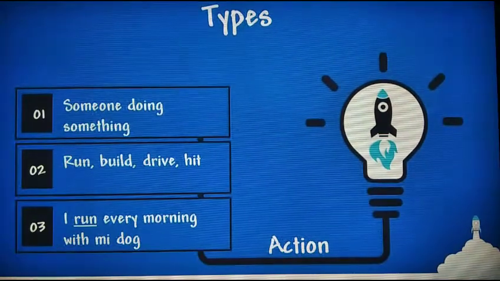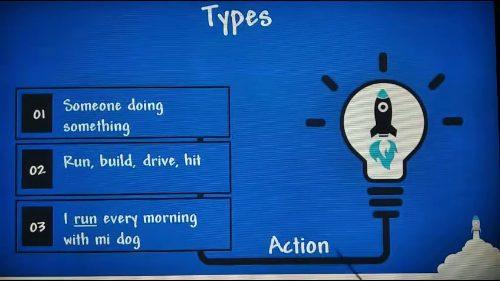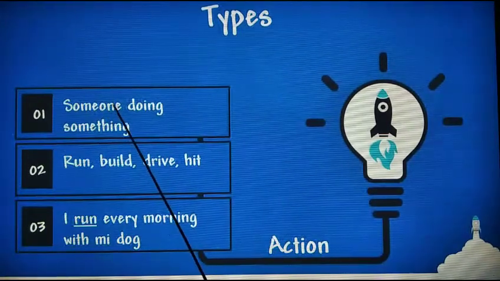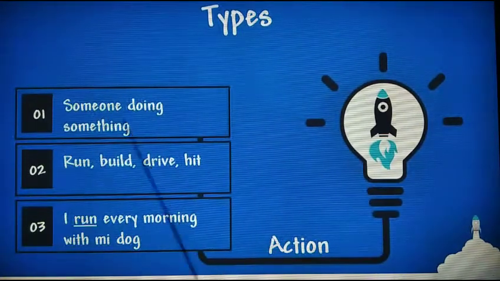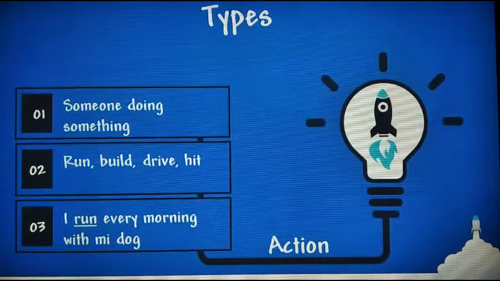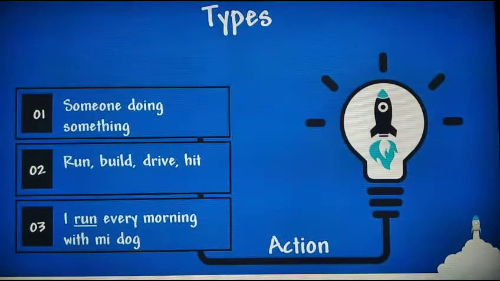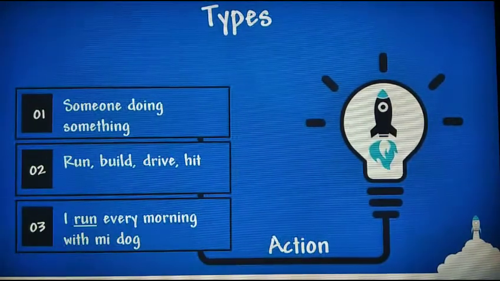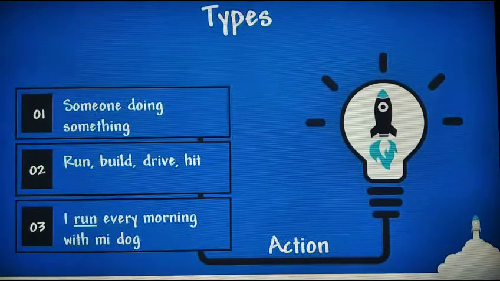We are going to begin with the action verbs, and they express basically that someone is doing something. These types of verbs require the presence of a subject that is doing something, an action that we can see. For example, run, build, drive, and hit.